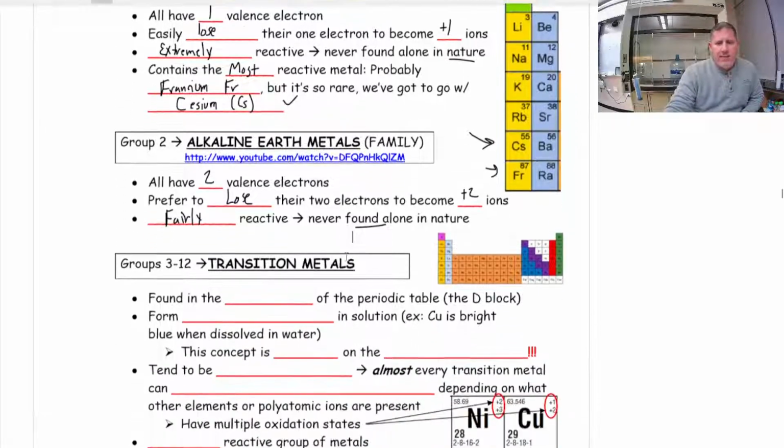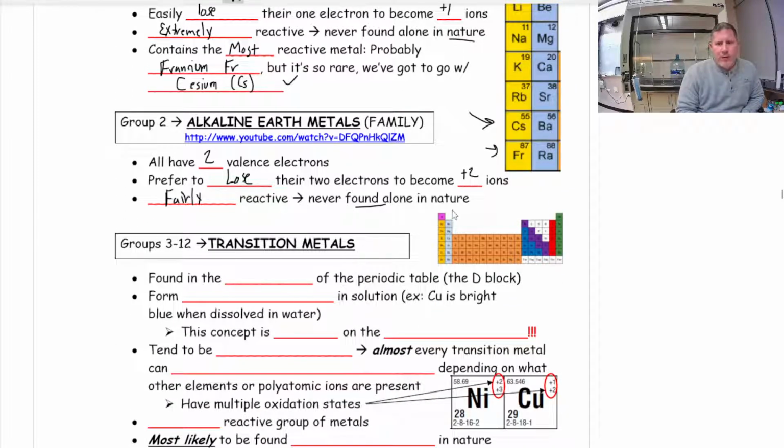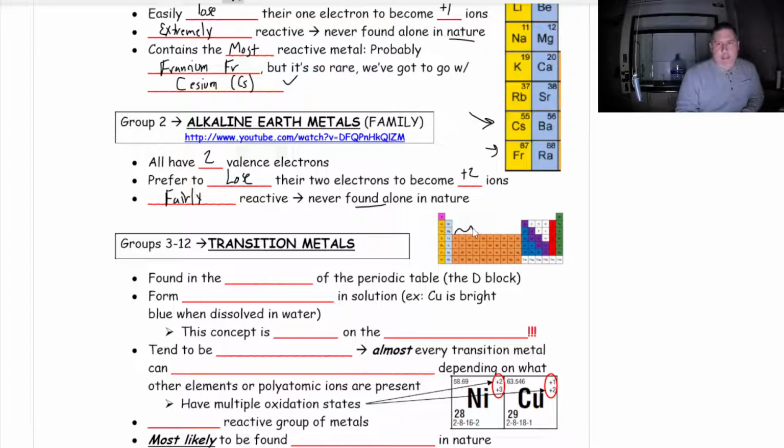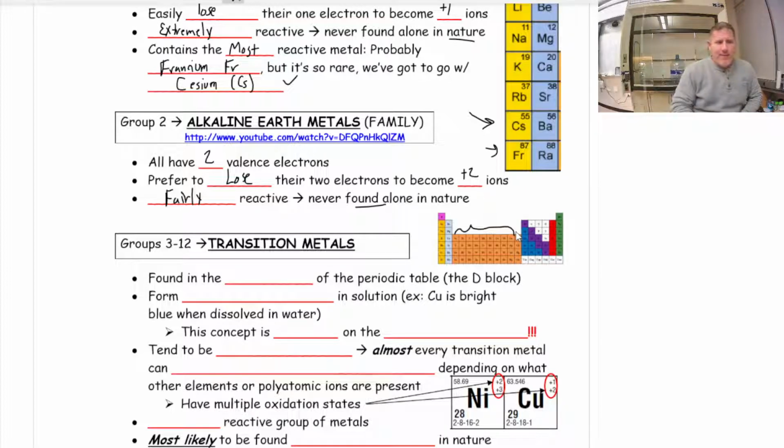Now these next metals are this group right here on the periodic table. You'll see this whole large group. Let me see if I can get that working. Yep. Okay. And these are found in the middle of the periodic table, in the D block we call it, because it's filling the D shell. They form colored ions, beautiful colors.